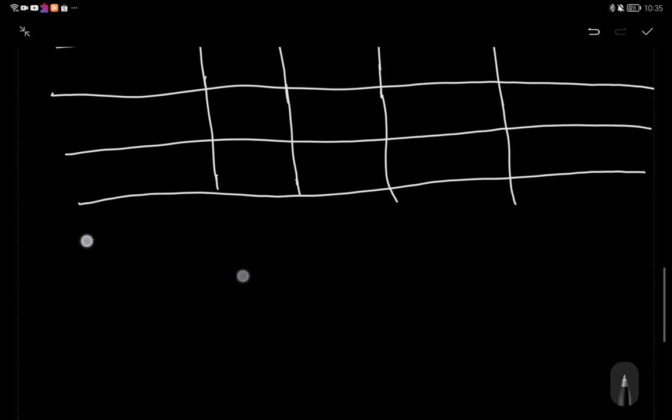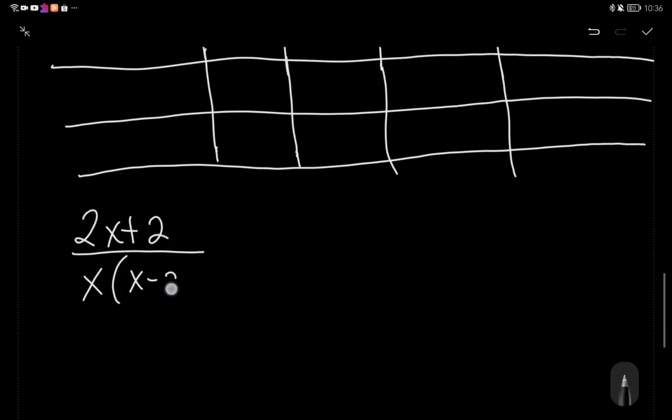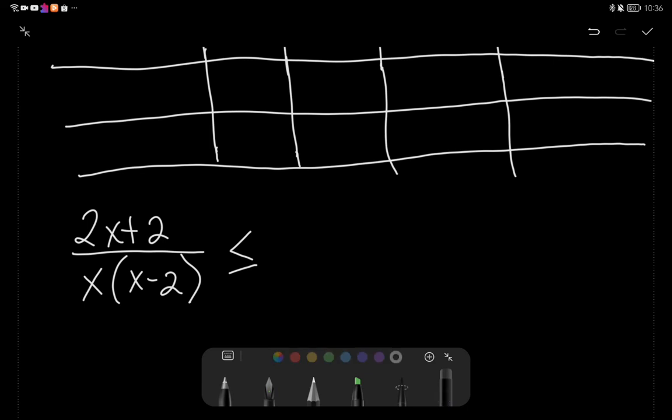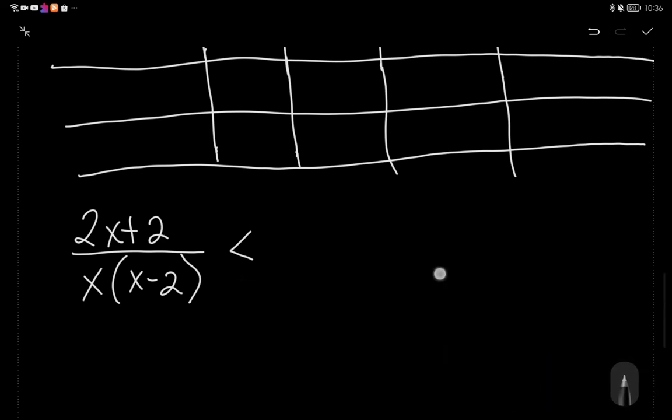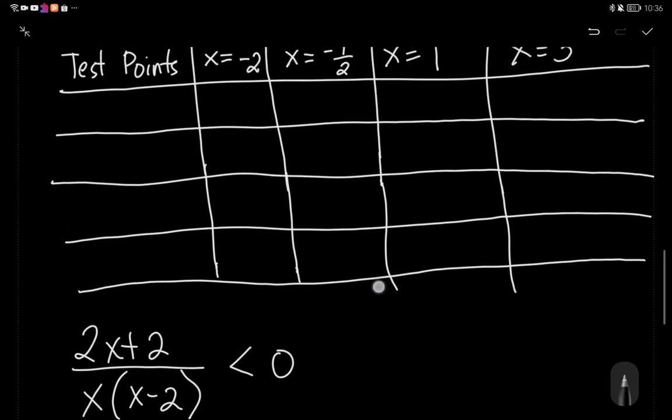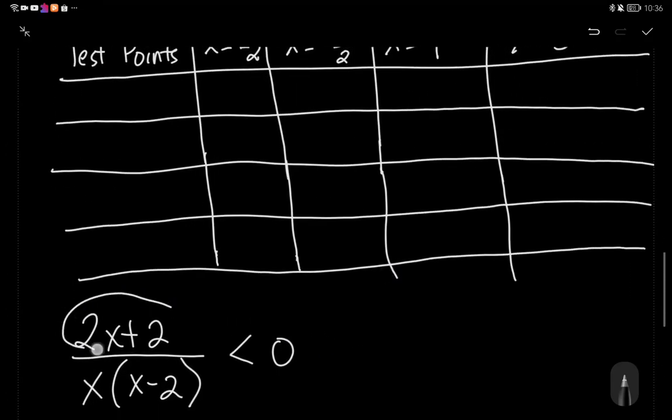We have 2x plus 2 over x times x minus 2, is less than, only less than, zero. So, the first one, we write 2x plus 2.